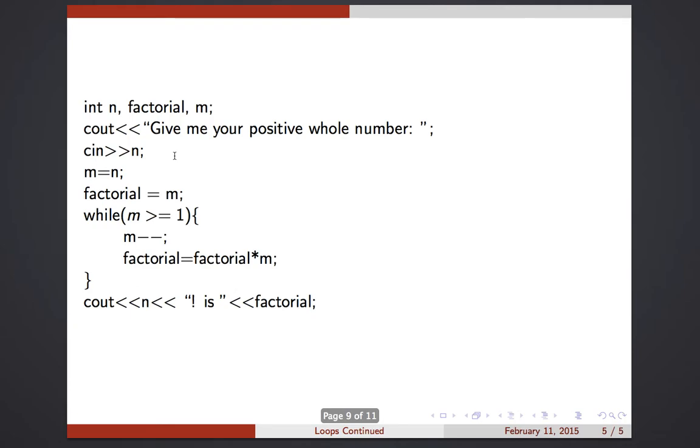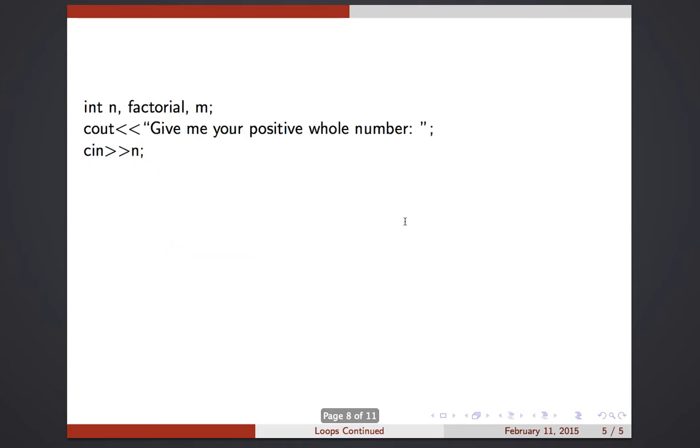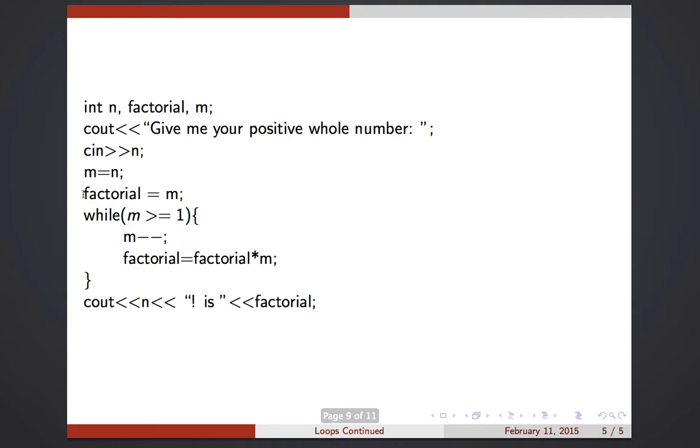Okay, so let's see how that goes. If m is supposed to keep track of where we are in the process of doing this multiplication, then m needs to start where n is. So m is going to start at n, and factorial is also going to start at m, which right now is equal to n.